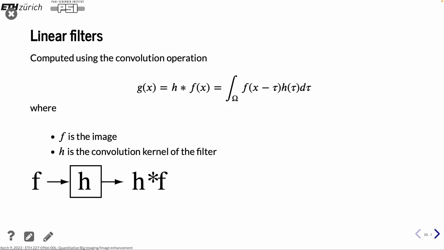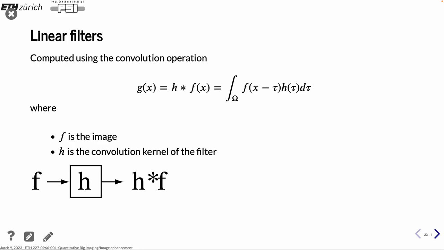Typically, when we start out using filters, we use linear filters, and they are computed using the convolution. The convolution can be done in any dimension, if you like. In the typical math courses, you probably only do it in one dimension, but it works just as fine in 2D and 3D as well.